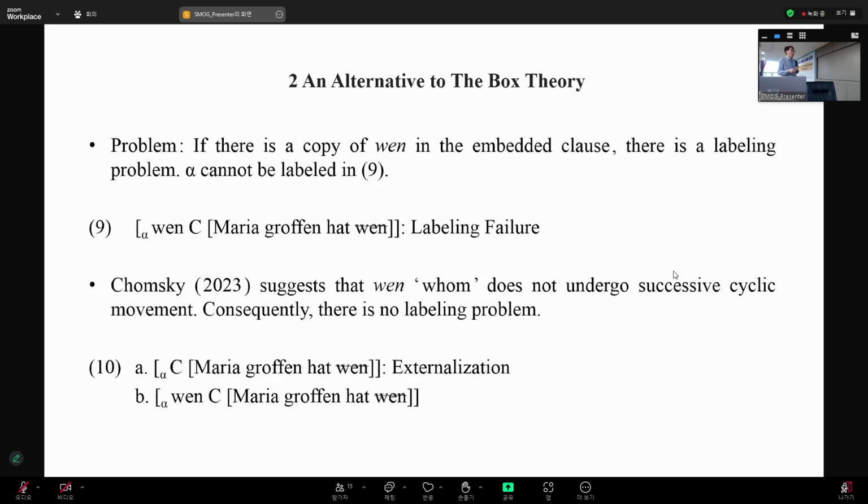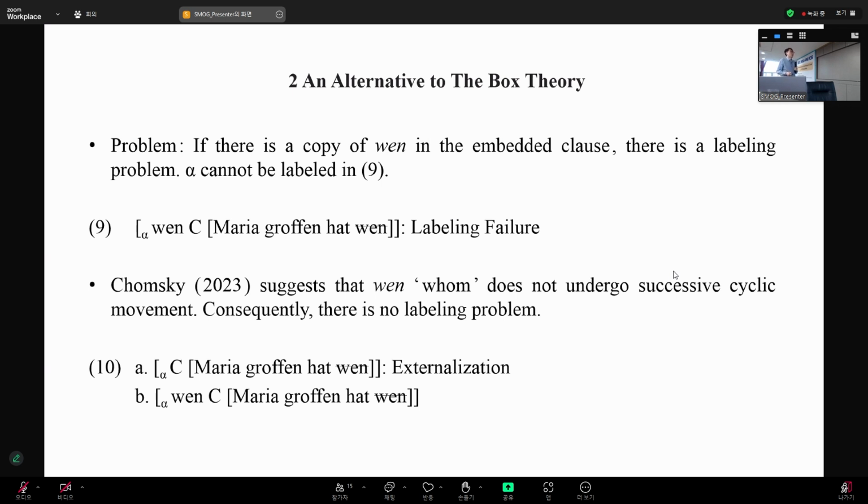The problem with (a) and (b) is that, in fact, it has a labeling failure, because "wen" is branching and the C complex is also branching. So alpha cannot be labeled via minimal search. And because the embedded C has no W feature, labeling via feature sharing is not available either. So we have a problem with labeling.